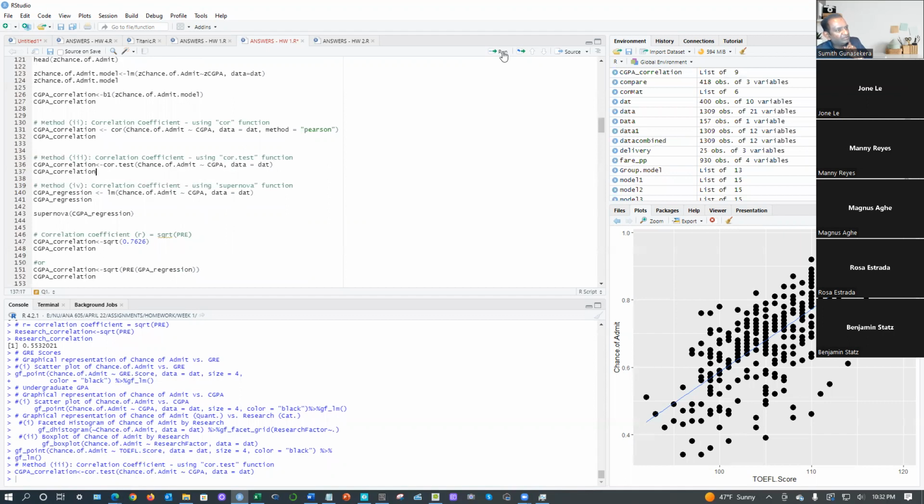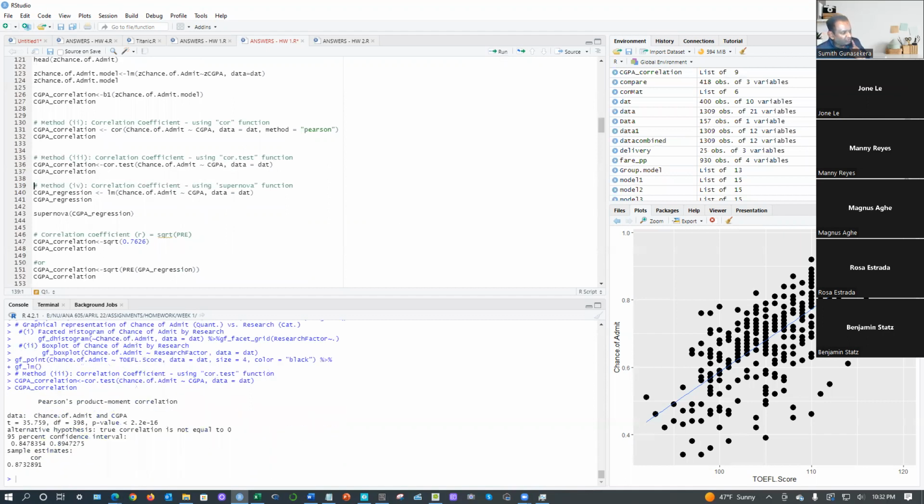Look at this. There's a table with so many numbers: p-value, degrees of freedom, alternate hypothesis, true correlation is not equal to 0, 95% confidence interval, this value, that value, and the sample estimate is this much.